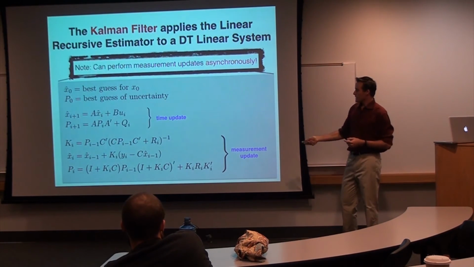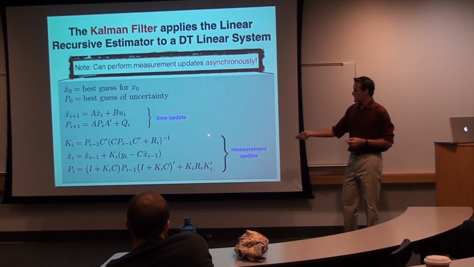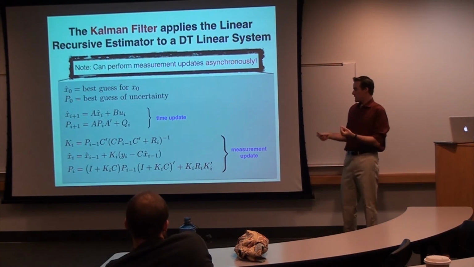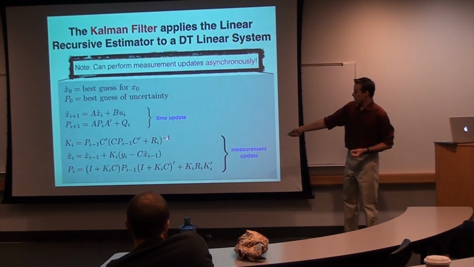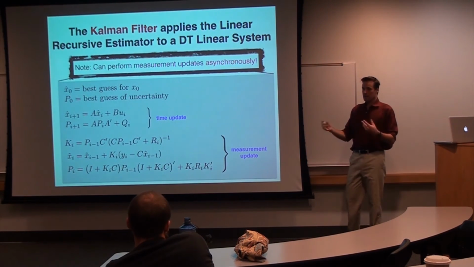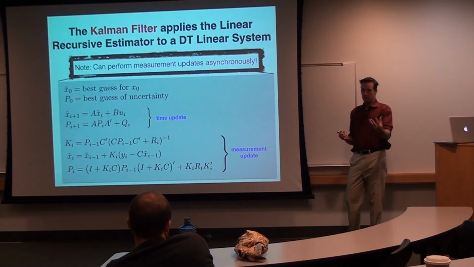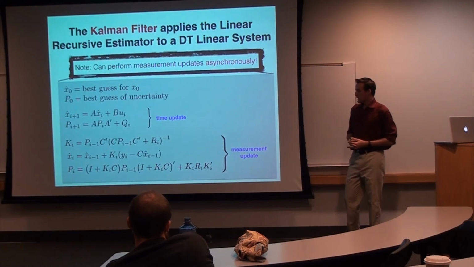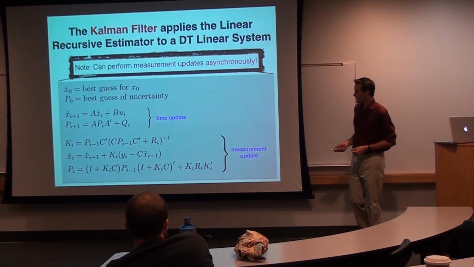And in that case, there's absolutely no reason why, when that measurement comes in, the plane can't compute the estimator gain, compute the estimate update, and compute the covariance update, independent of the evolution of the system. It turned out to be really handy when I worked on some airplanes at a company before coming to grad school.